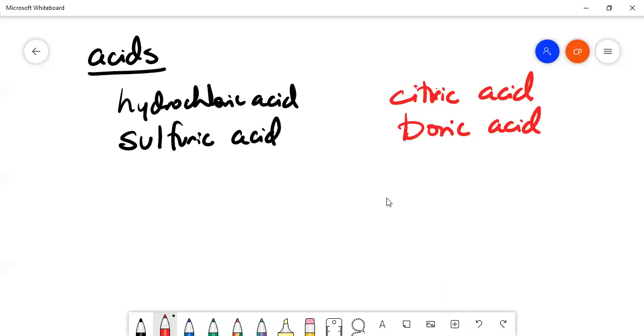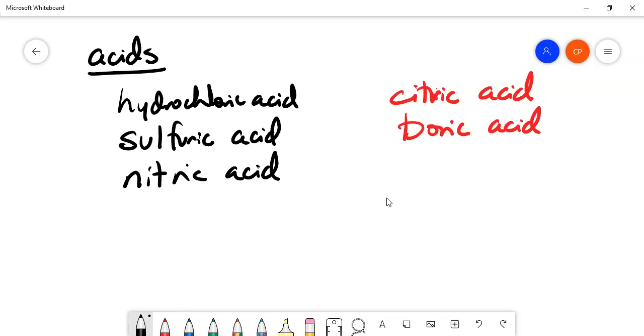Give me another example of an acid. Say again. Nitric acid, sure. Nitric acid is a strong industrial acid. Okay? Give me another example.